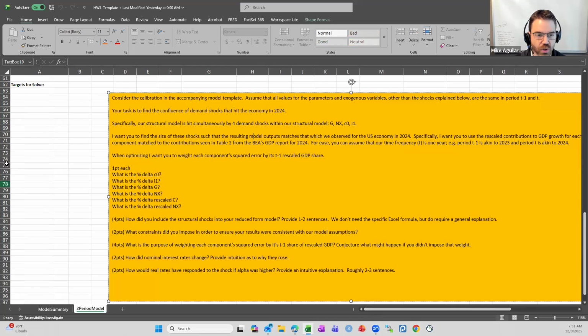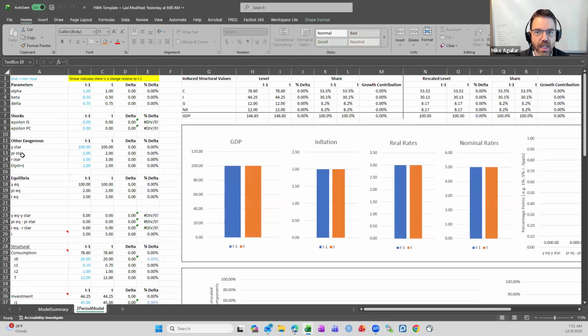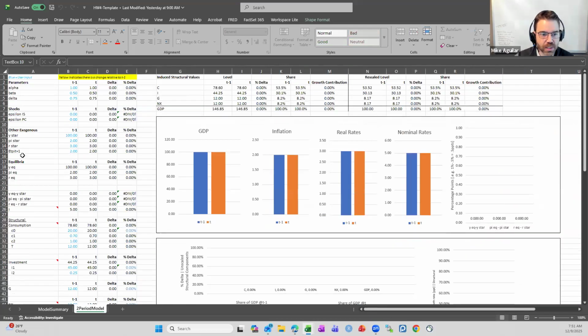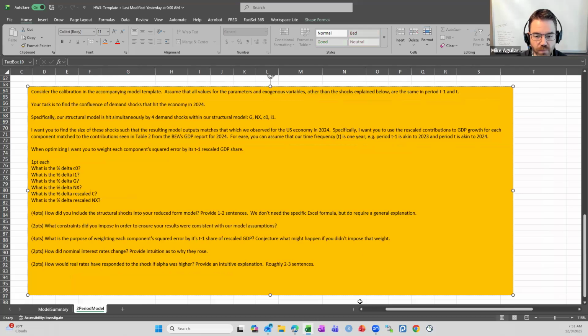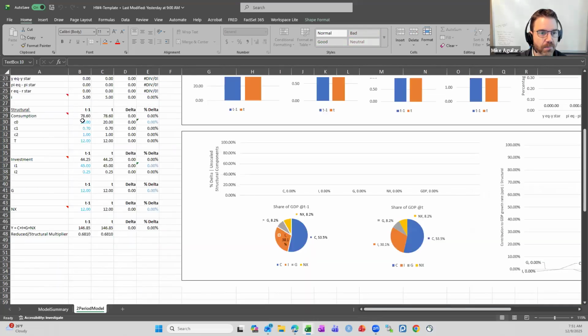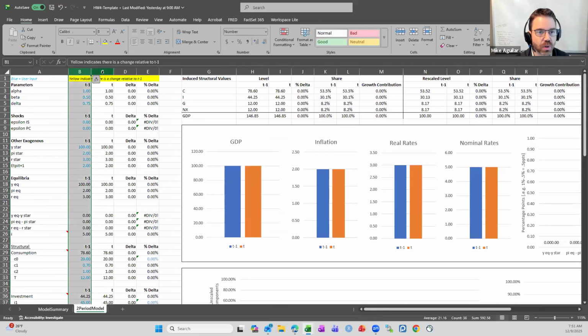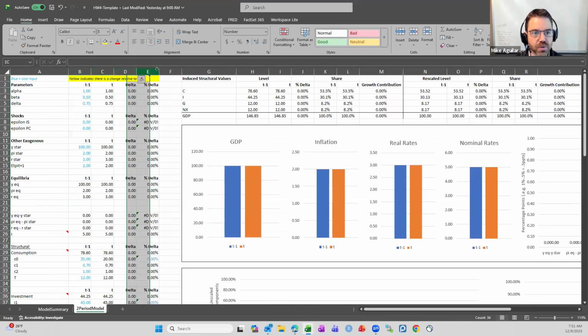All right, I'm going to scooch over and up and out. You see the breadth of everything that we have here, and you've played with this template before. Just make sure you're comfortable with what's going on. Here we have time period T minus 1, time period T, the changes and the percent changes. Every time you move something, there's going to be a change in yellow.